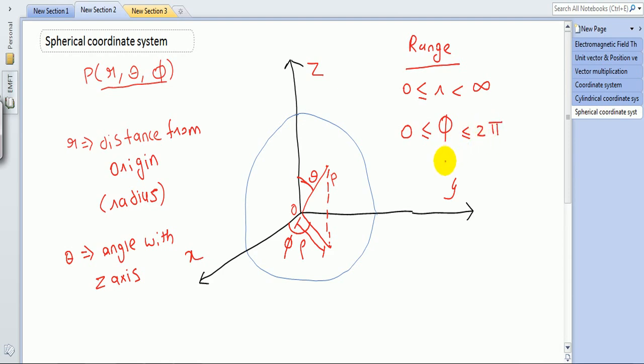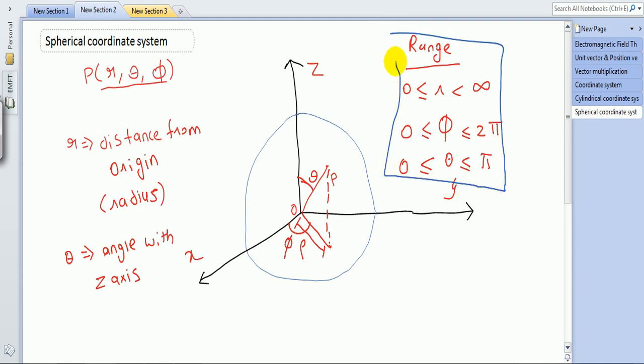And for theta, theta is the angle with the z axis, so this line OP can go from up to down. So to cover the entire z axis with this line, theta should vary from 0 to pi. These are the ranges for the spherical coordinate system.